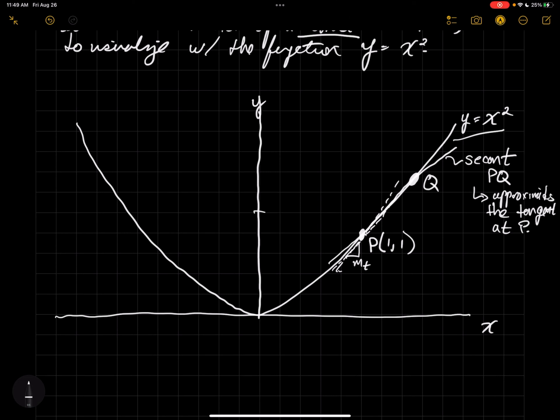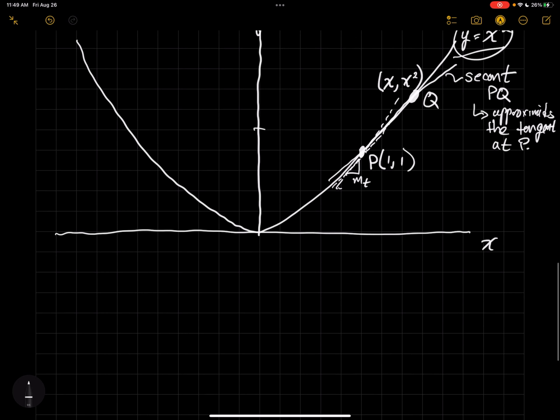I have my first point, which is 1, 1, and then I have point Q, which I'm going to say is at some value x. And of course, if it's at some value x, then it's going to be at some value y, which is given by the function itself. And so my x value is x, my y value in this case is x squared.